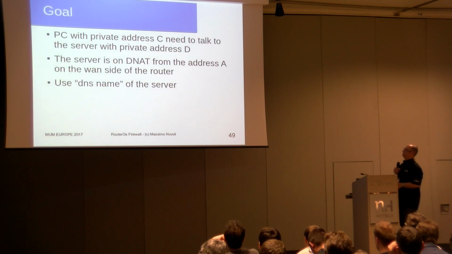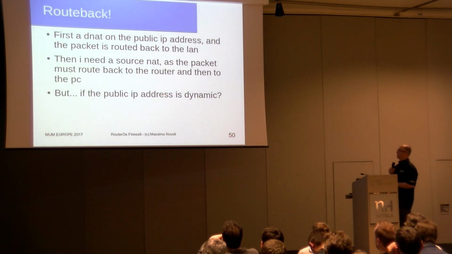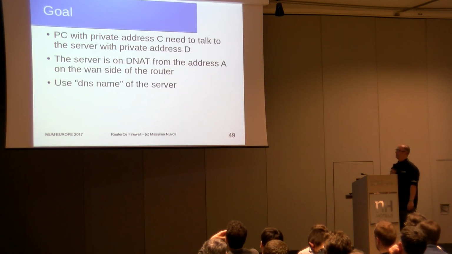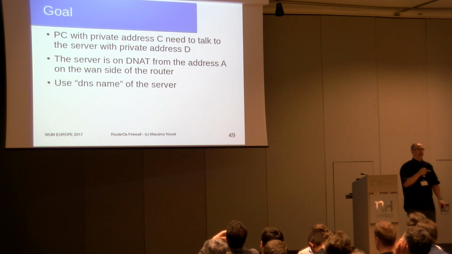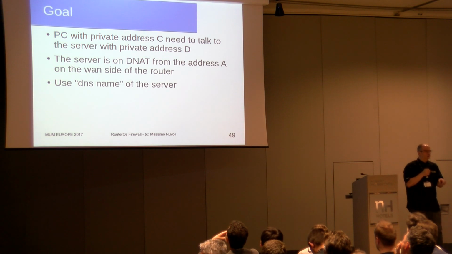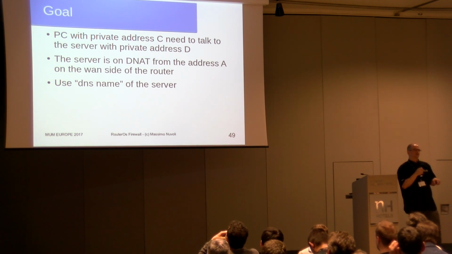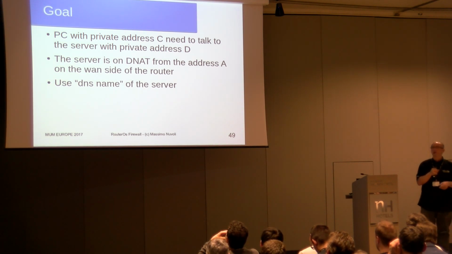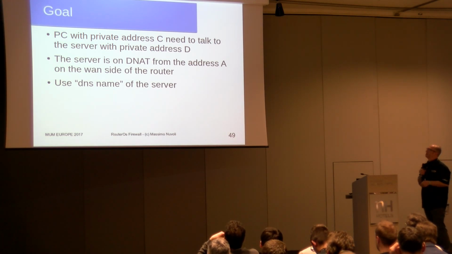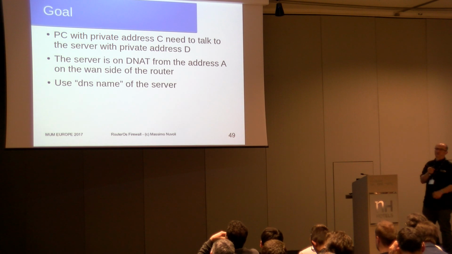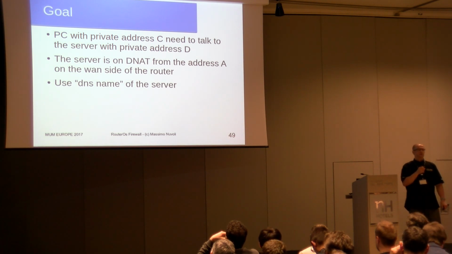It's quite simple, but what happens if you have a dynamic IP address? You must do the destination change based on the public IP address. You can do that with a DNS name. It's quite simple.